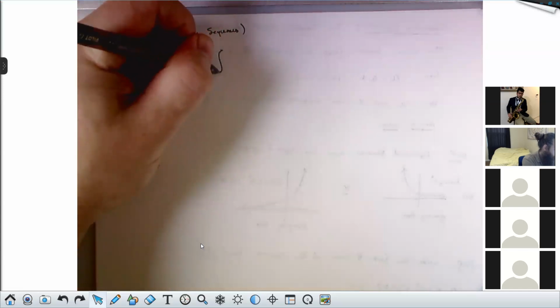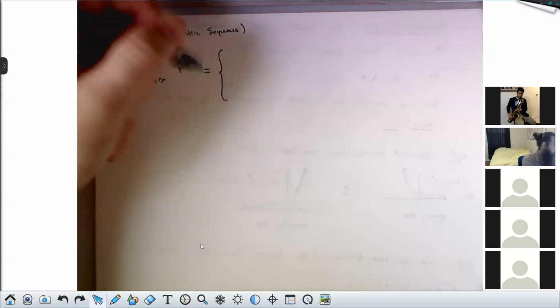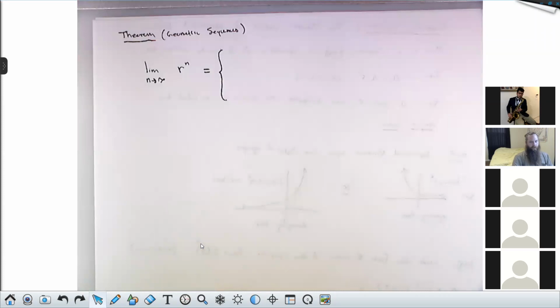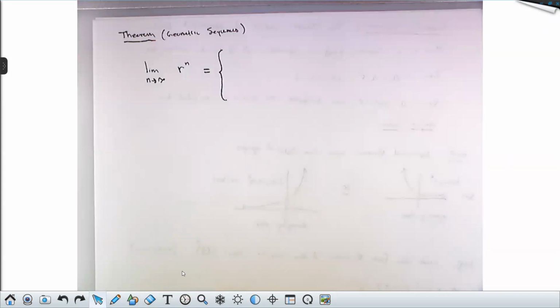It depends only on r. And there's actually some cases we should consider a little bit carefully here, because it's not quite as simple as exponential functions. Remember, with an exponential function, the base always had to be positive. But r, your common ratio here, is allowed to be negative. That's not a problem, because we're only plugging in integers for the variable.